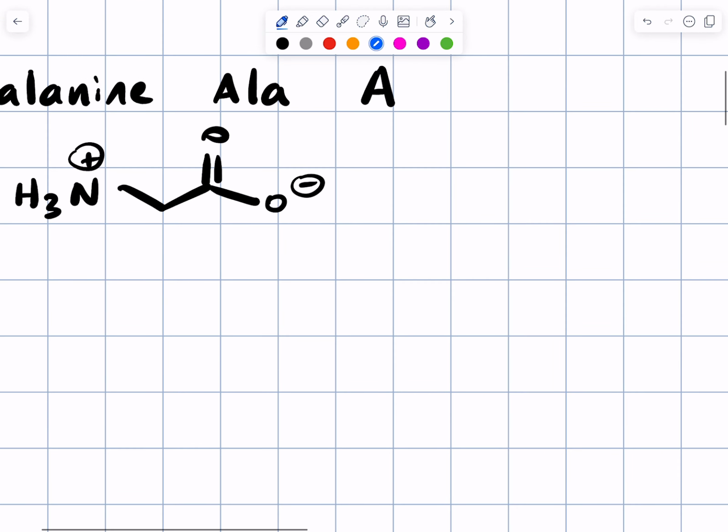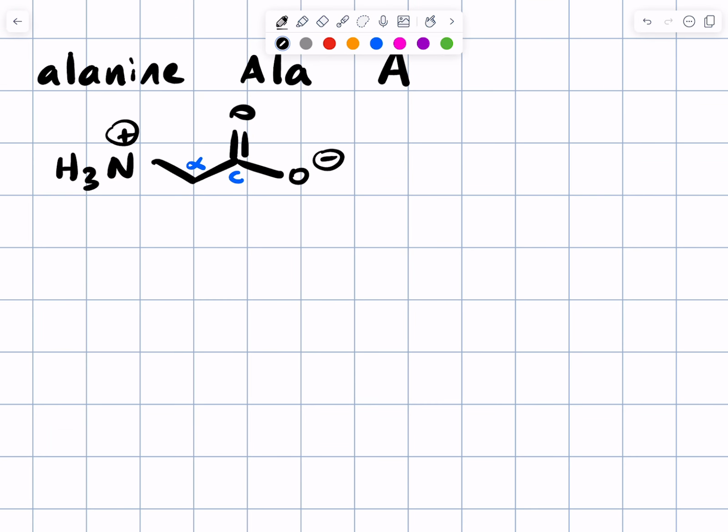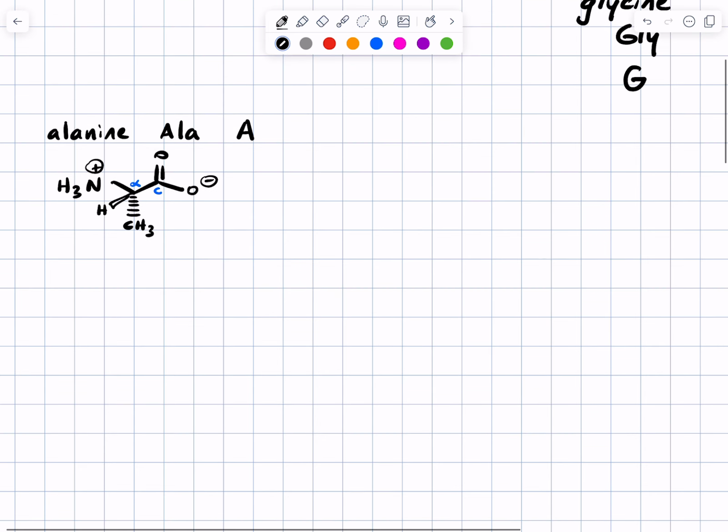The backbone is the carbonyl carbon, the alpha carbon, and the nitrogen. But they will differ in the side chain. For alanine, the side chain is a methyl group. And implied but not shown is a proton that's coming up and pointing out at you.